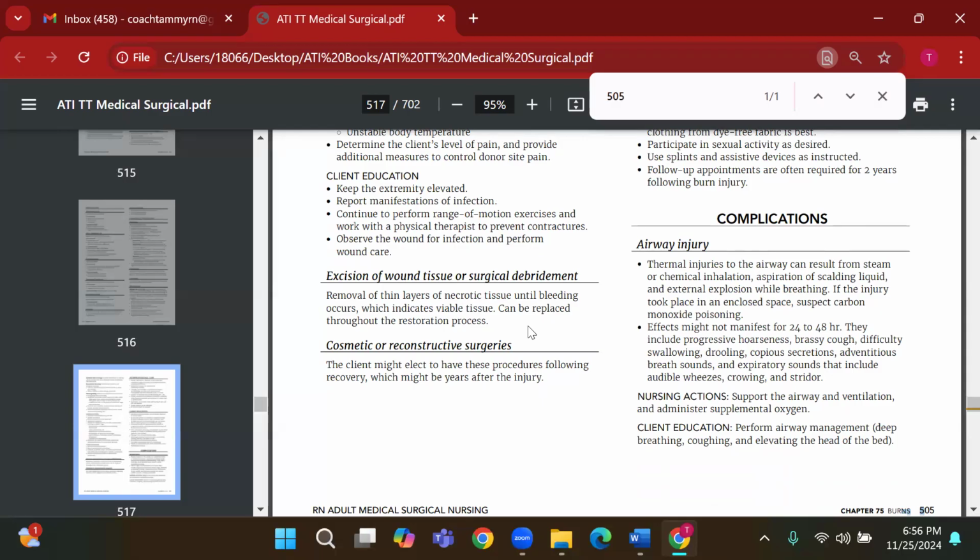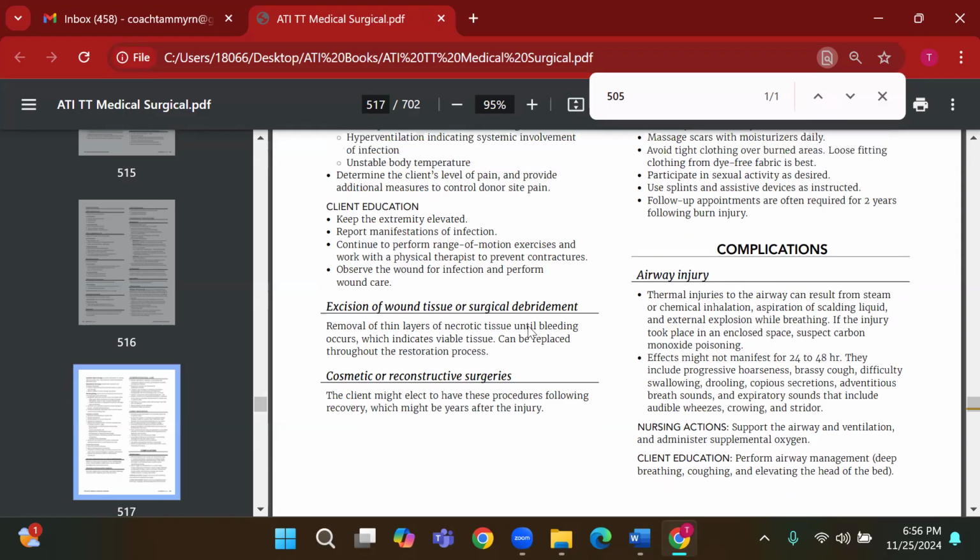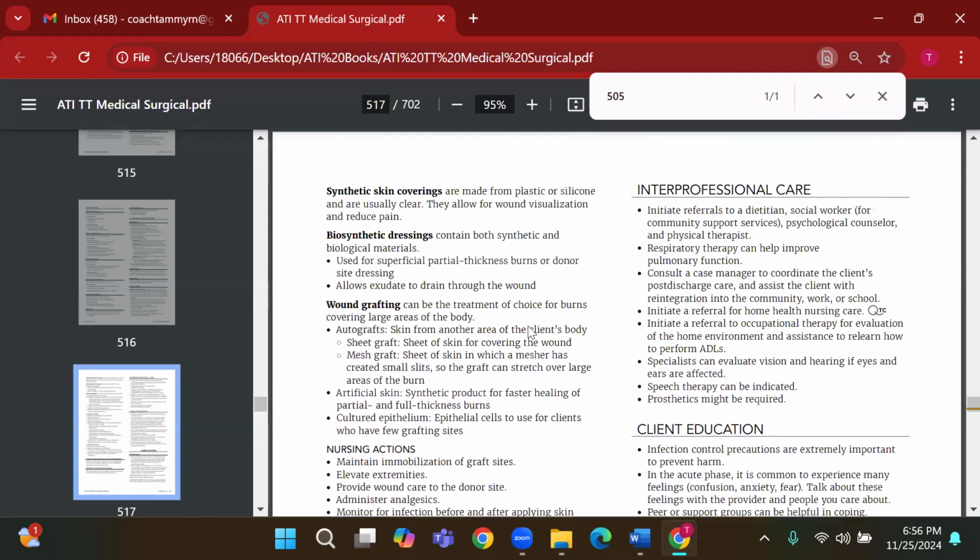This is why that's so painful: they are going to really dig off the dead tissue, the eschar, until they get blood. And then that blood is going to help bring in viable tissue. It says it can be repeated throughout the restoration process. So just know that's going to be kind of painful. But if it's burnt through the nerves, then maybe not, right? And they can do reconstruction on the person also.